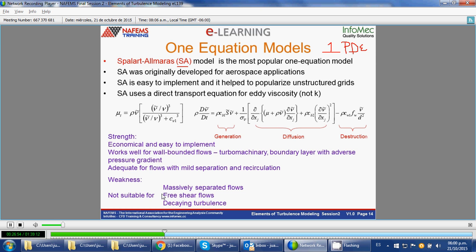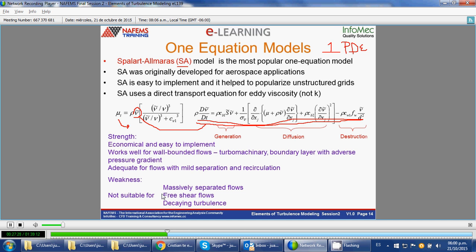What they did was, instead of replacing this mu t in terms of K and epsilon, we'll replace it with this term, and put an equation directly for that one. So the nu bar. This is the partial differential equation for nu bar.